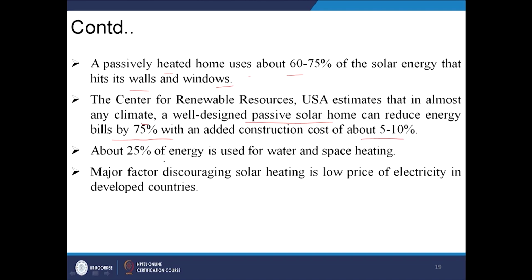About 20% of energy is used for water and space heating, and the major factor for which solar energy is not being used widely is its cost. Previously it was very costly, but now the cost has reduced and the application of solar energy is becoming a reality, and people are getting more interested day by day to use solar energy in different applications.